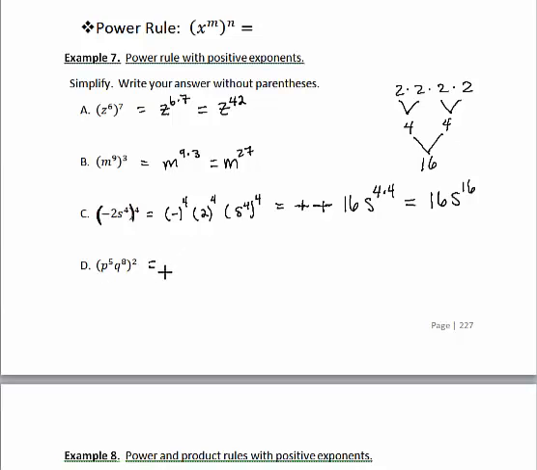So in D, we can split this up according to a sign, a coefficient, and a variable. Each item inside the parentheses is raised to the second power on the outside. So this is a p to the 5th power to the 2nd power, and then we have a q to the 8th power to the 2nd power.